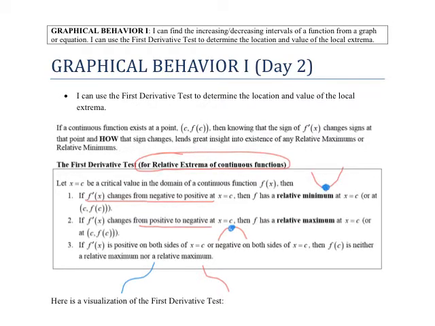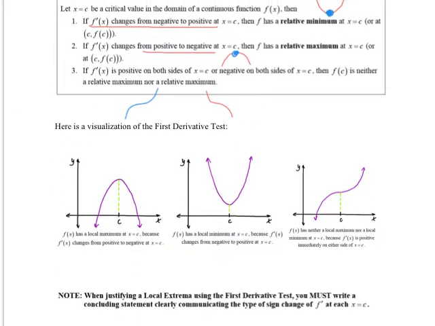In the graphs below, on this side f prime is positive because our function is increasing, and on this side f prime is negative because the function is decreasing.